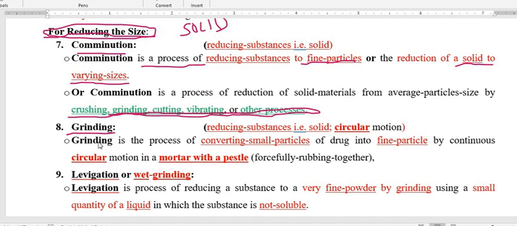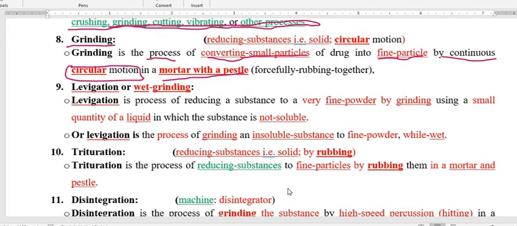Grinding is the process in which we reduce a solid particle into a small particle by applying circular motion in a mortar and pestle. So grinding is the process of reducing small particles into very fine particles by applying continuous circular motion in a mortar and pestle.